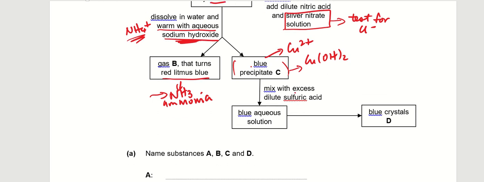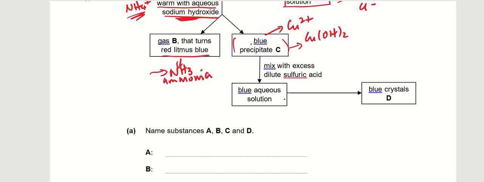Now when we add excess dilute sulfuric acid, we get a blue solution. What is the reaction here? This reaction is essentially copper 2 hydroxide reacting with sulfuric acid. And again, as in the previous question, this is a reaction between an acid and a base.